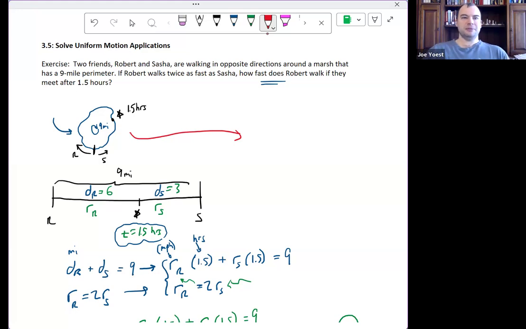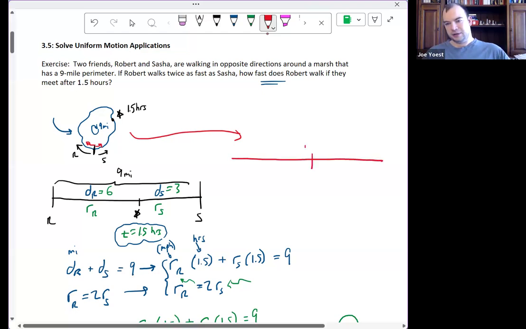after a certain amount of time, Robert's covered some distance and Sasha's covered some distance. So the distance that they're moving apart from one another. So I can almost think of like my continuum like this, and Robert and Sasha are almost like facing off like a duel, or I guess that's the opposite of facing off.